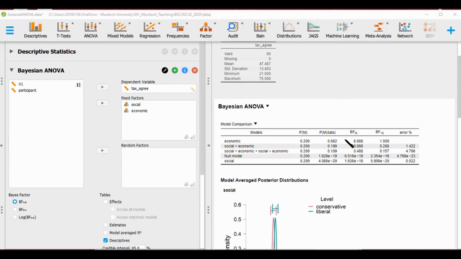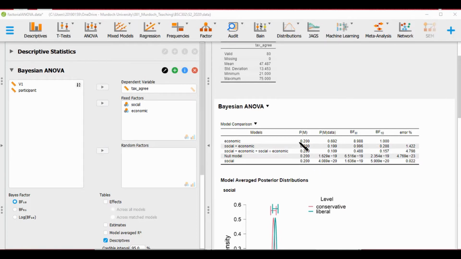So we've got BFM. What BFM does is calculate the prior odds and the posterior odds. Prior odds for each model are calculated as follows. For the economic model, the probability of the model is 0.2, and the probability of the sum of all the other models is 0.8.